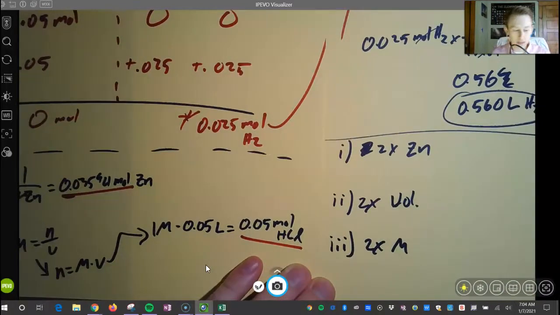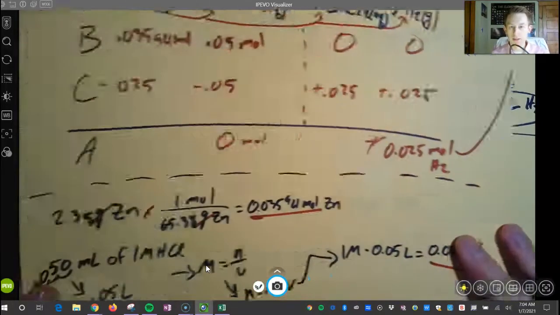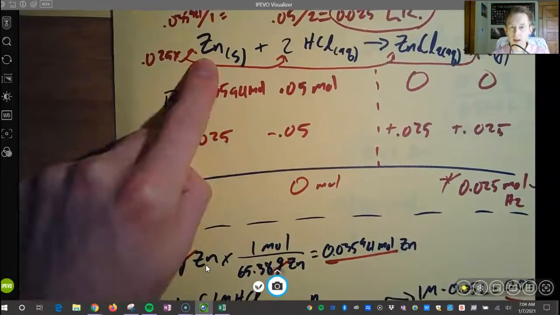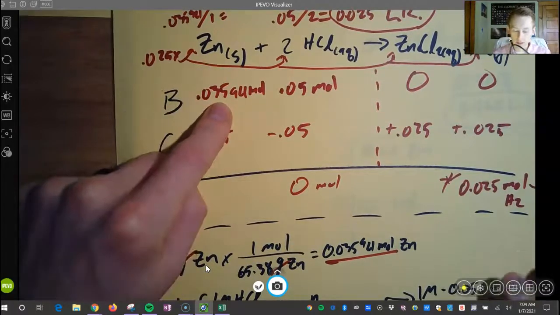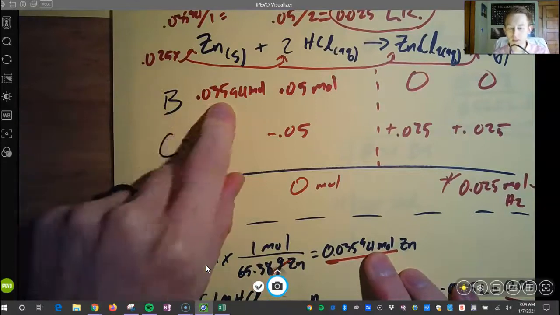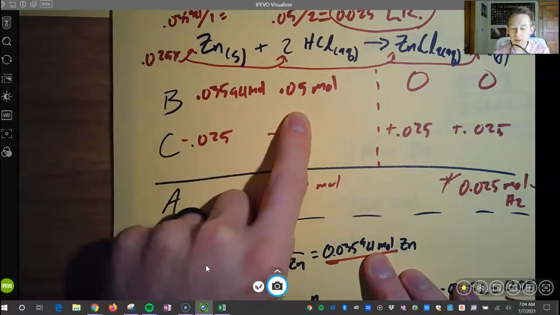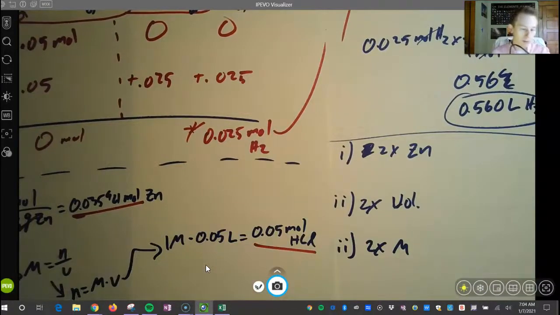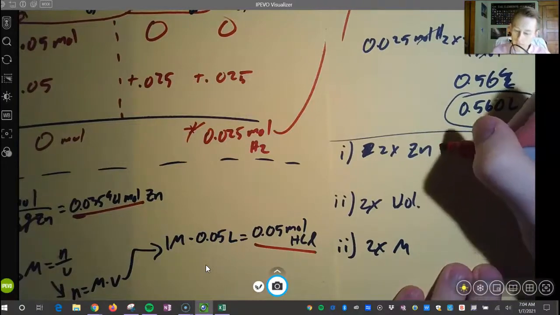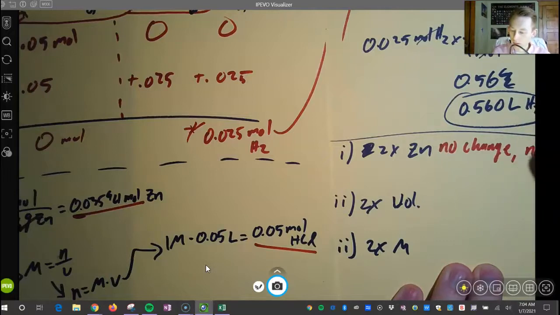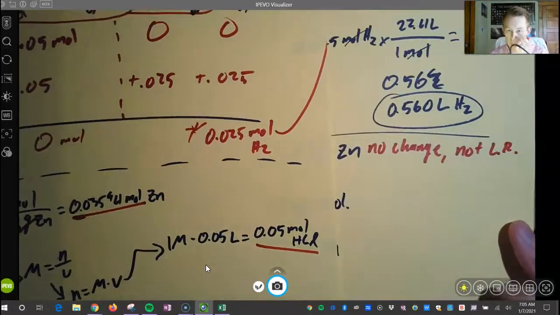So 2 times the zinc is easy because if we look back at this here, zinc was not our limiting reactant. So if I had more of this here, like if I doubled the mass here, that would increase the amount of moles. And if I had more moles of zinc here, that wouldn't change my limiting reactant. So I would say no change. It's not the limiting reactant. Okay.